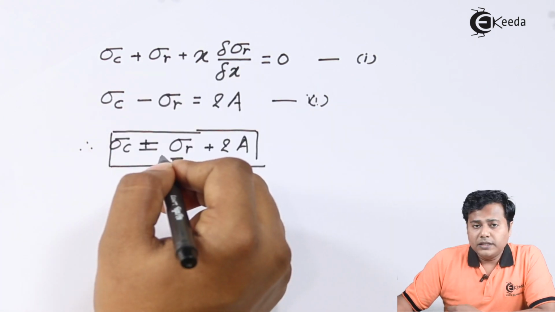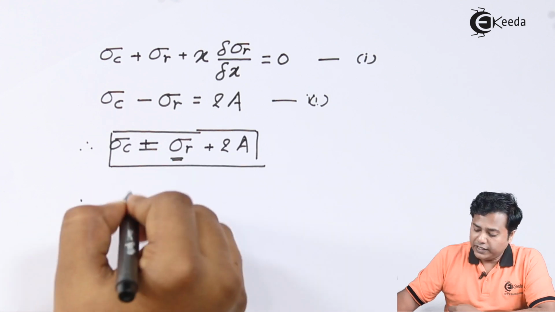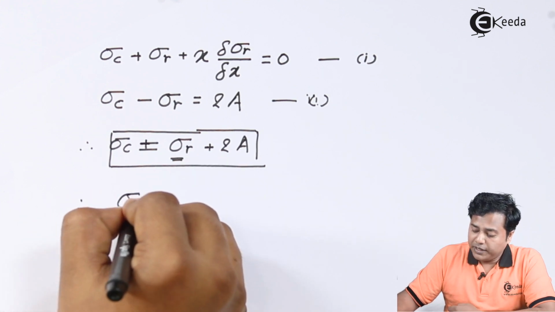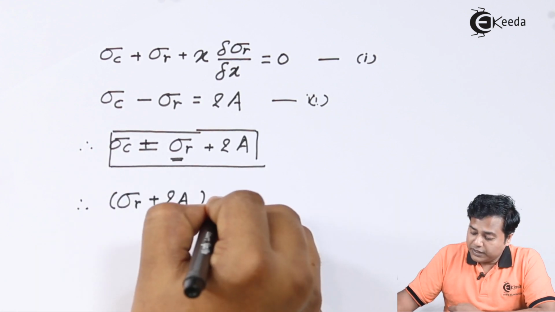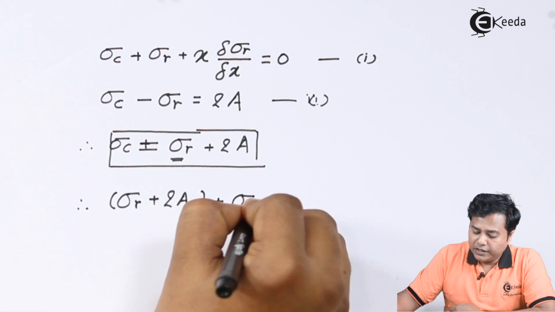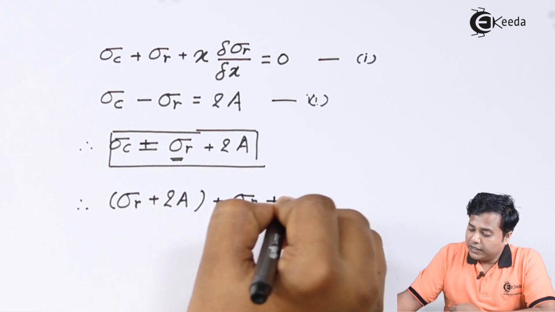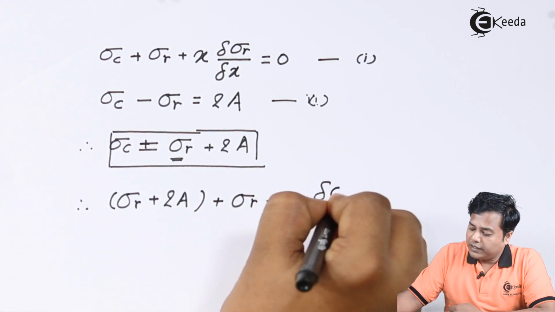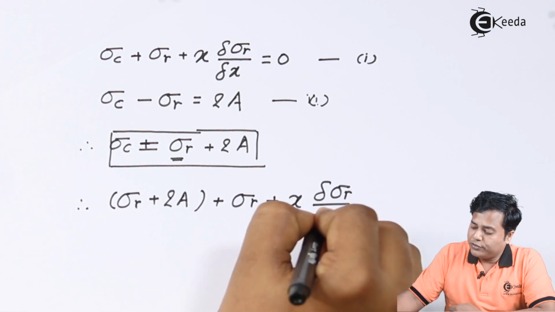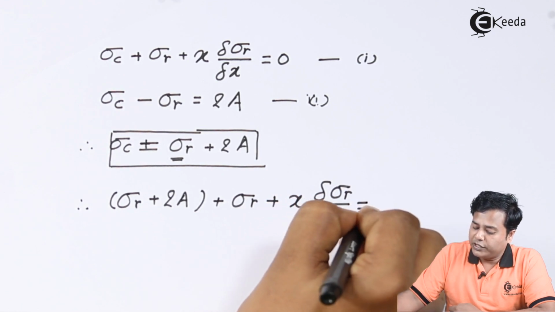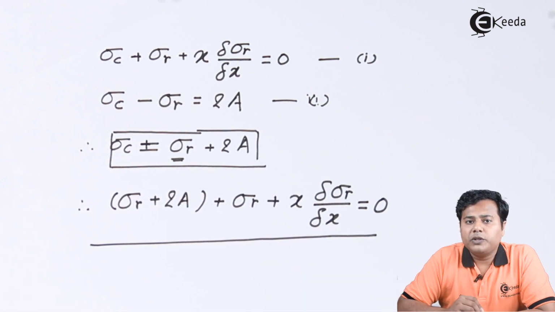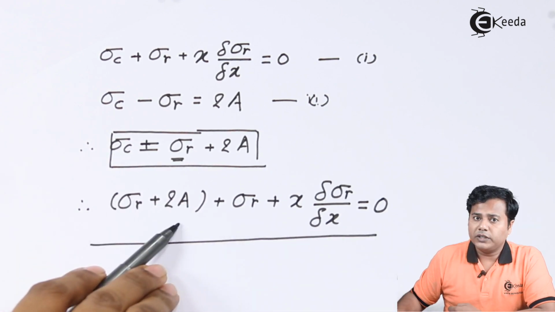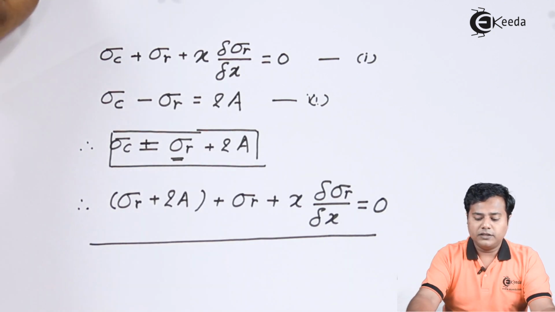Now let us put this expression in the first equation, which gives us sigma radial plus twice the A plus sigma radial plus x times the change in radial stress with respect to the change in length is equal to 0. Again, let me recollect that this expression is for the small strip that we had considered.